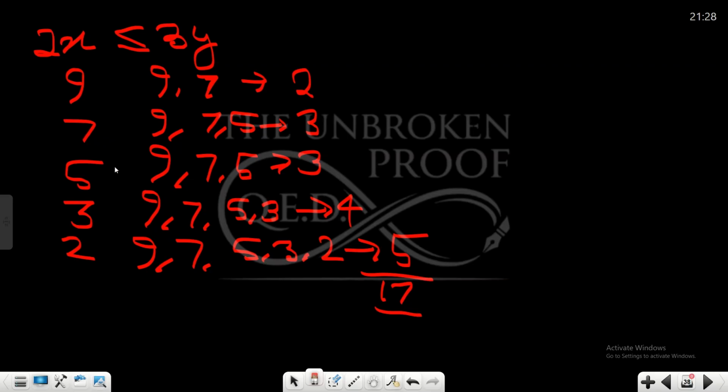5, 7 is there, 5, 9 but we don't have 9, 5, so 9, 5 is required to be added.